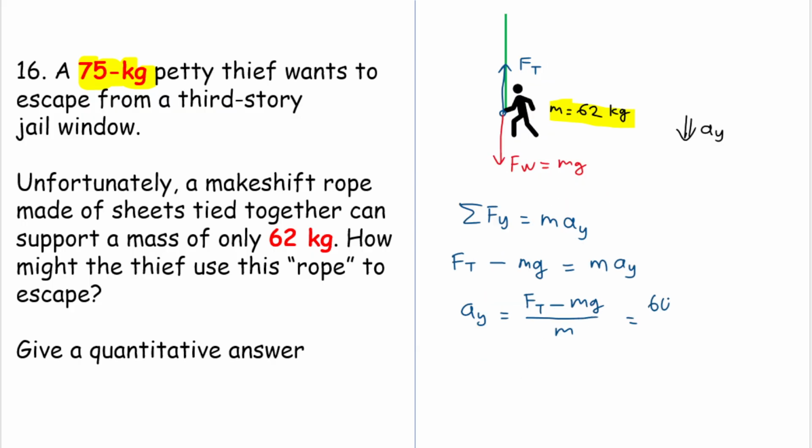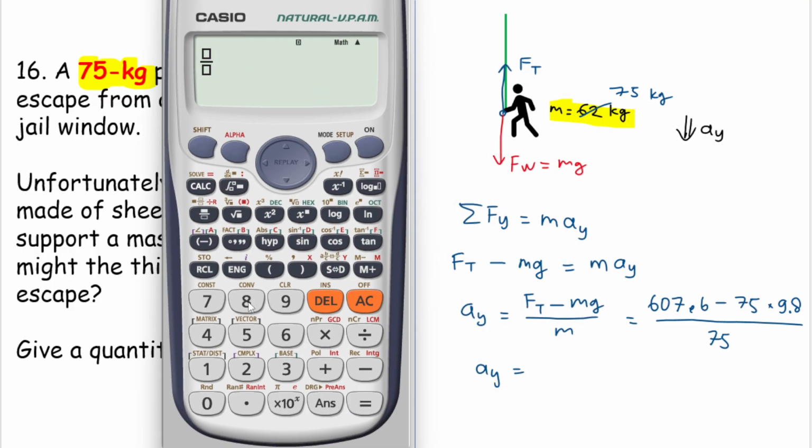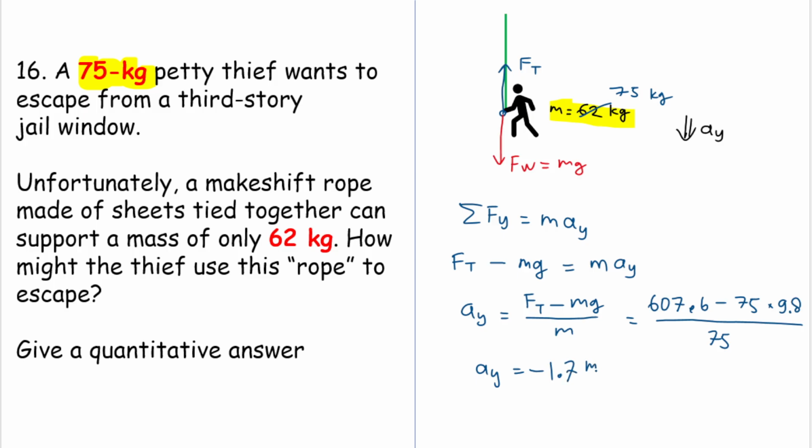So we'll have 607.6 minus the mass, which is not 62 but 75 kilograms, so 75 multiplied by 9.8, divided by the mass of the thief, 75. So the acceleration will be minus 1.7 meters per second squared.